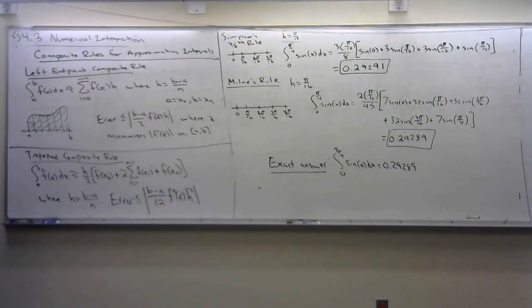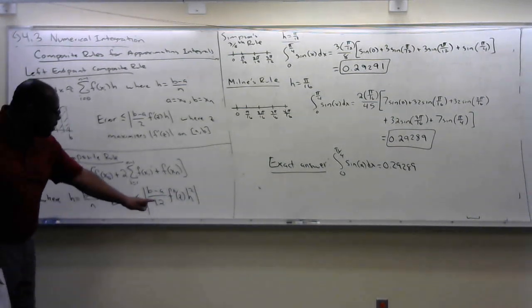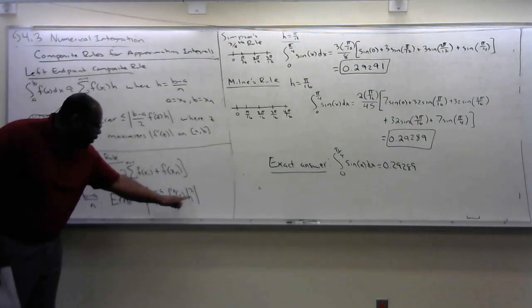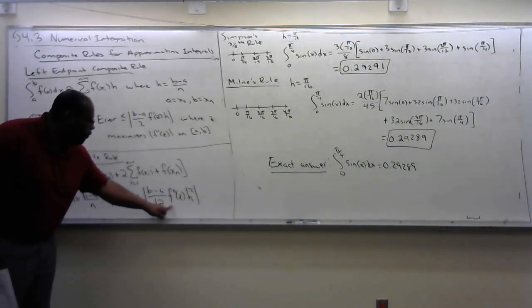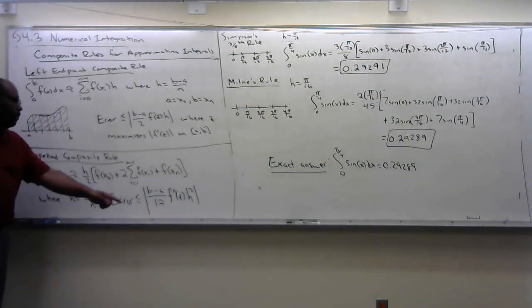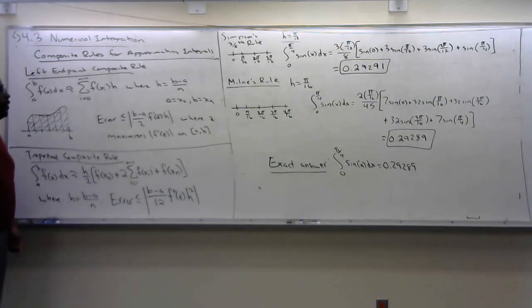Here, z is going to maximize the second derivative of f in the interval from a to b. So it does the same thing that it did with the first derivative in our first attack.